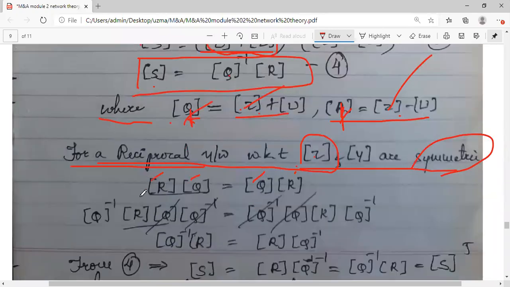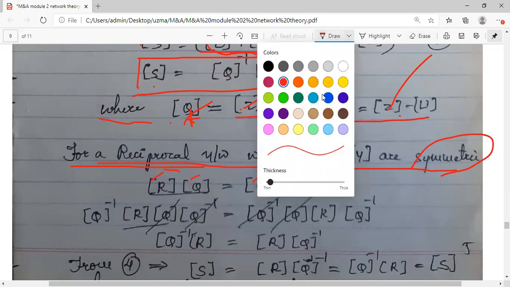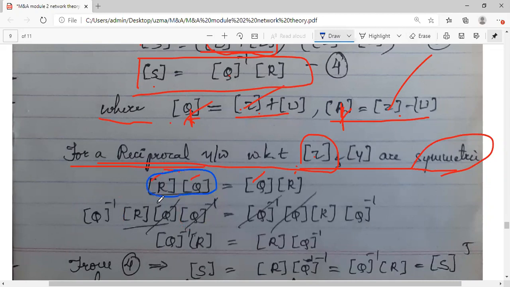What I will do mathematically in the next step is multiply on both sides by Q inverse two times. Let me show you with a different color. This R and Q, I have kept as it is here.